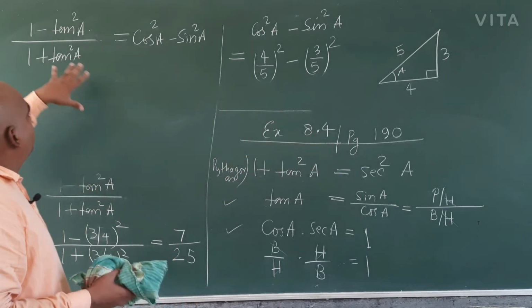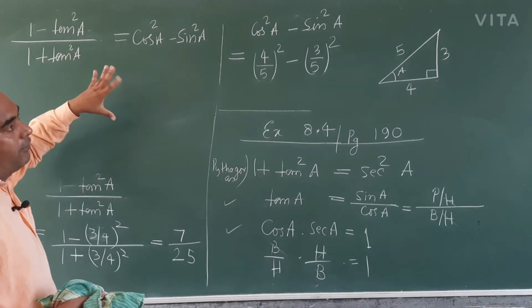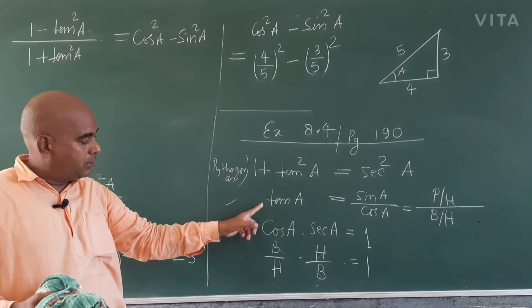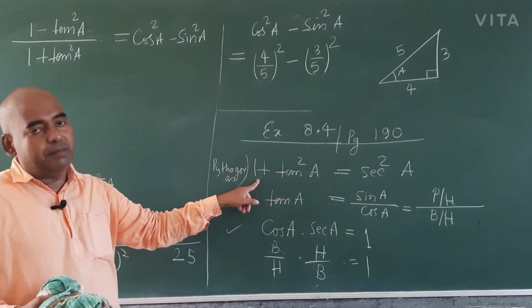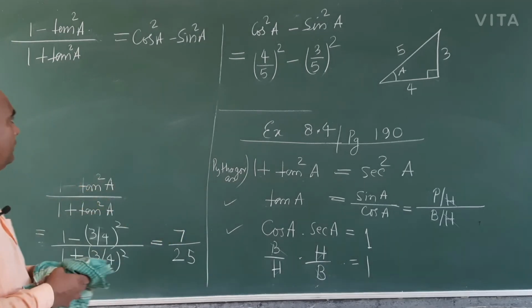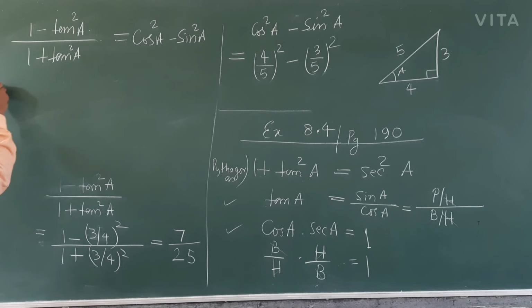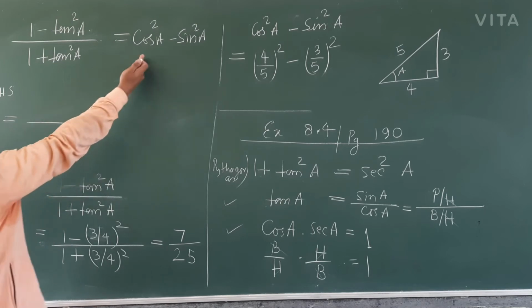So if this question comes in 8.4 and it is true for all the angles, all the triangles, how will you prove it? We will use these two formulas as definitions, 3 upon 4k, and this as the Pythagoras theorem. So I will take the LHS. This is the LHS I am going to solve. LHS is equal to, and we will prove that this is the RHS.